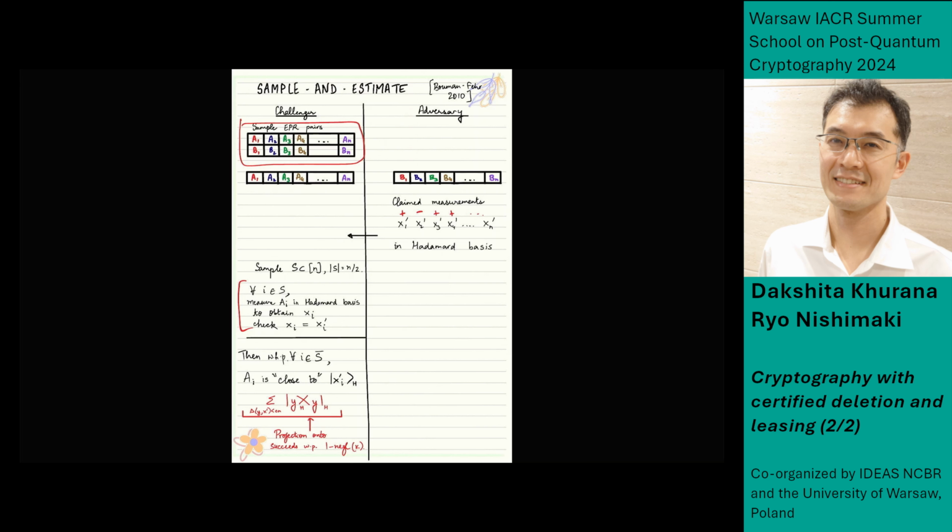What this means is that if we check the Hadamard basis part of the returned certificate, except with negligible probability, the other part is uniformly random.